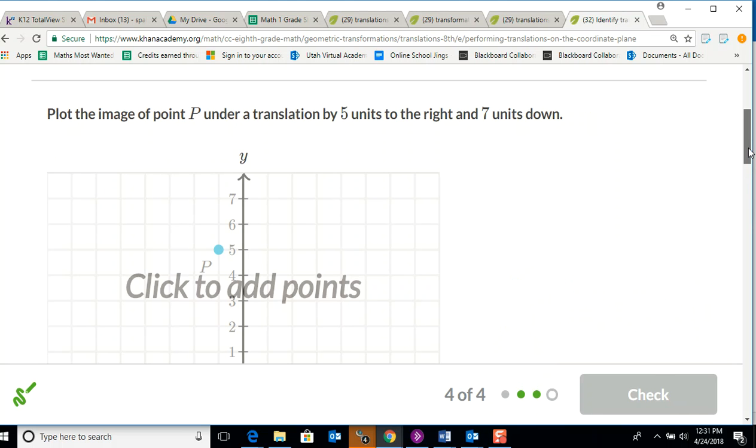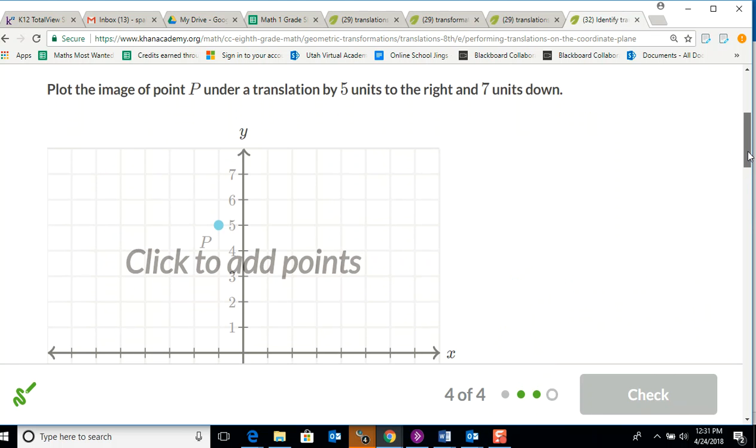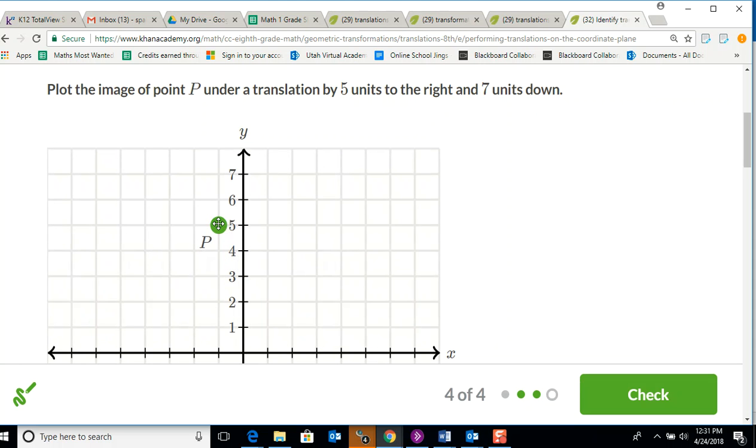For the last one, this is question number 7 on your piece of paper. We are supposed to plot the image P under a translation by 5 units to the right and 7 units down.